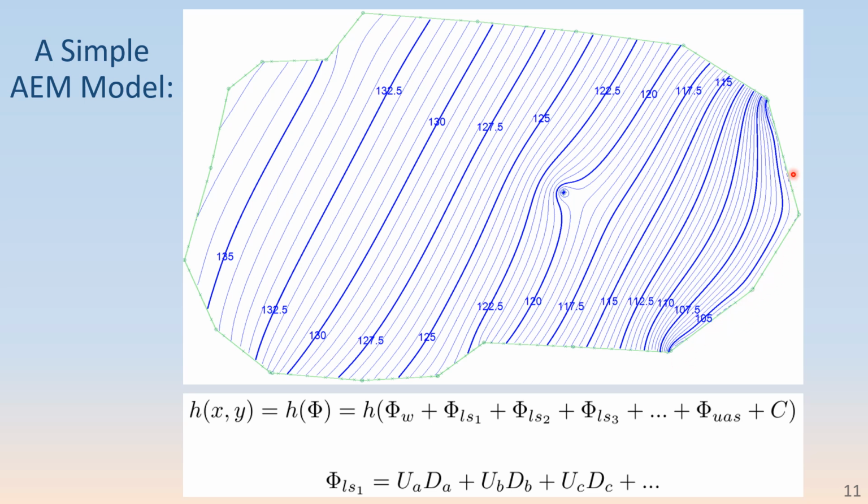Take this right-hand boundary where we've specified that the head is equal to 104. On that boundary, there are control points marked by these little X's that I'm hovering near. And at each one of those, there's a boundary condition equation. I believe there are 5 per line segment here, that specifies that the head must be 104. And there are 5 terms in each line sink function and 5 unknown strength parameters, U sub A, B, C, D, and E. In this case, because there are 5 unknown strength parameters, I've written out only 3.